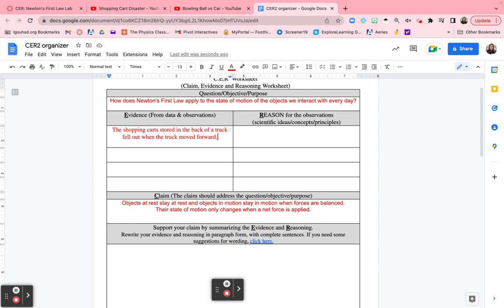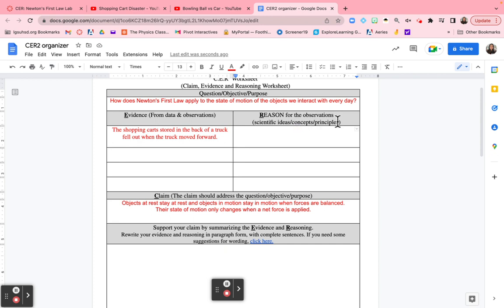You don't have to talk about anything about friction or wheels or anything like that. You just write out what you observe. The reasoning goes into how this observation ties back to the claim using scientific ideas, concepts, and principles.